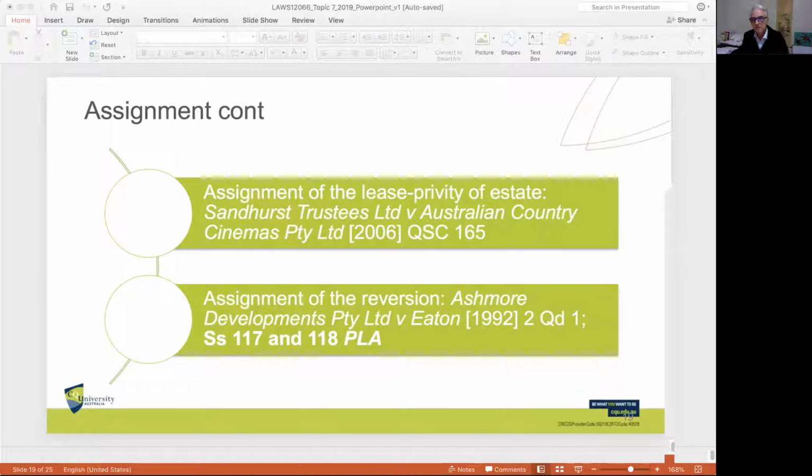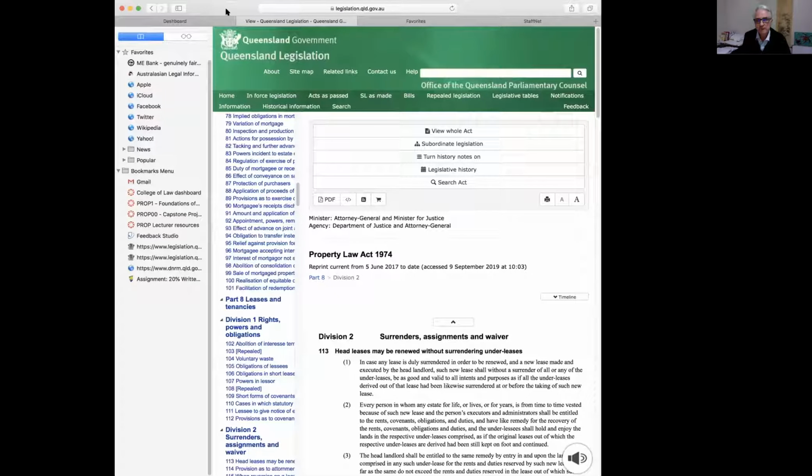The other point to note here is that this idea of touching and concerning takes us to provisions of the Property Law Act. So I'll stop screen sharing the slides for a moment and show you the legislation.